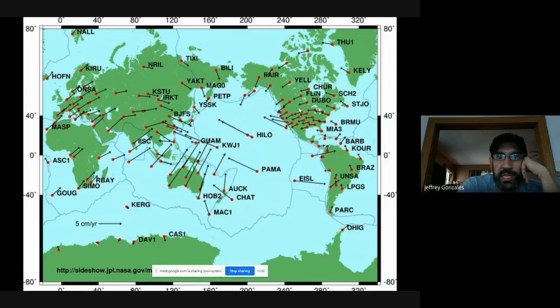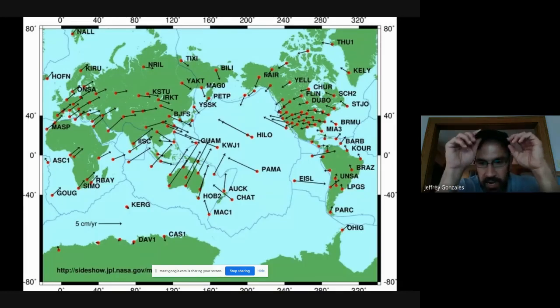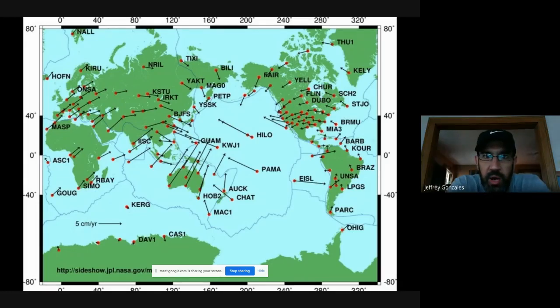You can see that the Australian plate is plowing very quickly into the Pacific plate. And then you can see how the Eurasian plate is spinning a little bit towards the Pacific. So what's interesting to think about is that the Pacific Ocean is actually being consumed. It's actually shrinking. We're moving closer to Asia, and on the opposite side, farther away from Eurasia.